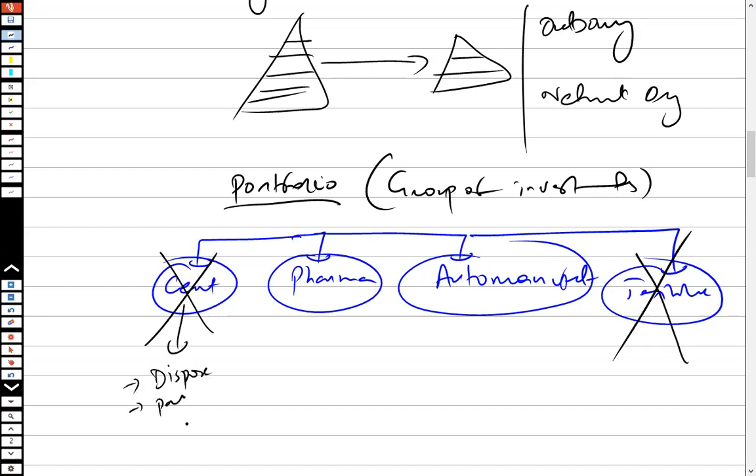So at times there are changes in the way the organization has investments. There are multiple portfolios, multiple investments, multiple businesses that the entity is connected to.